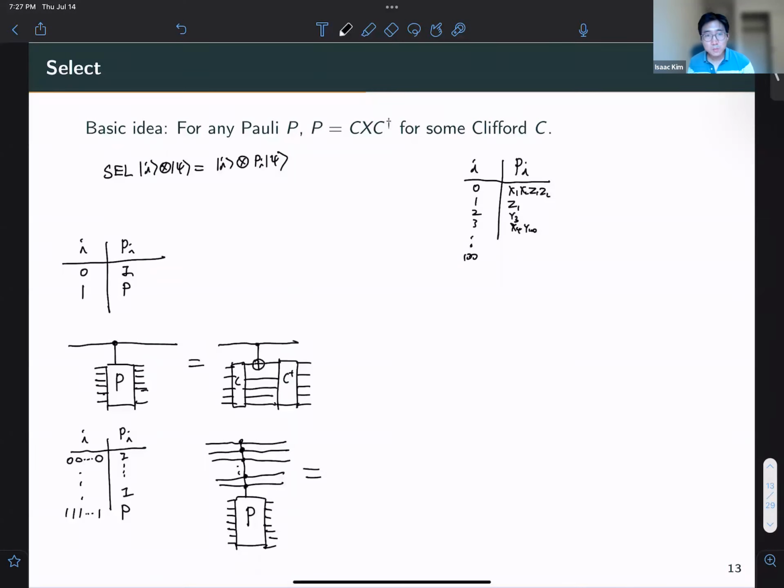And what should we do? Well, it's the same idea. So instead of having a controlled NOT gate, you have a multi-control Toffoli gate, which is sandwiched by C and C dagger.